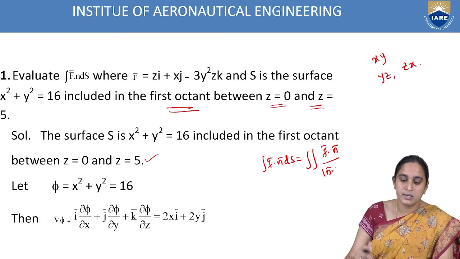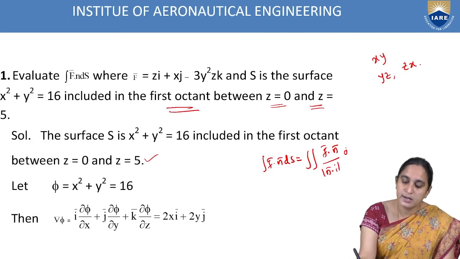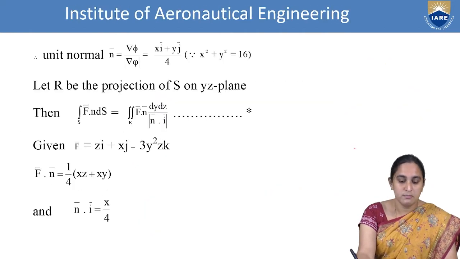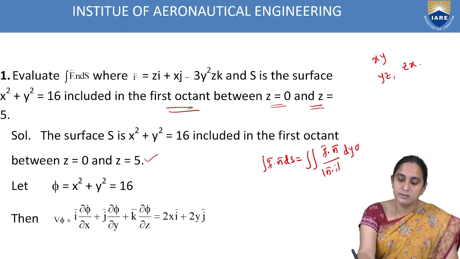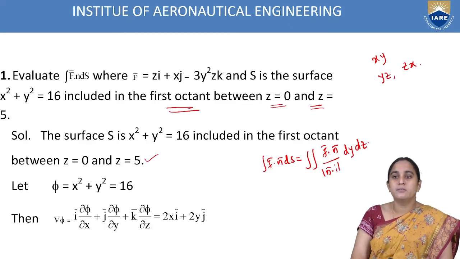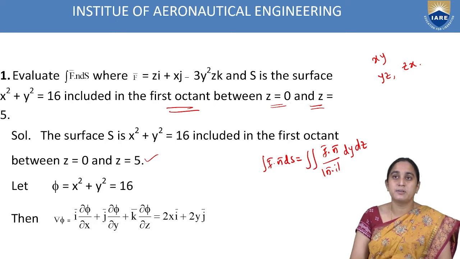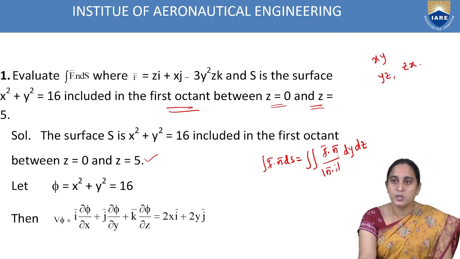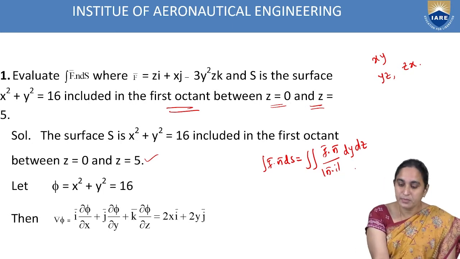I'll calculate the surface integral value on the yz plane, where n bar is the unit normal vector and modulus of n bar dot i bar. First, let us assume that the surface is phi.